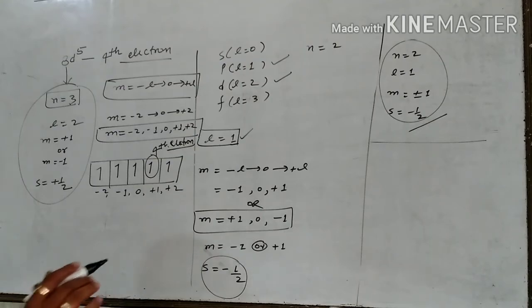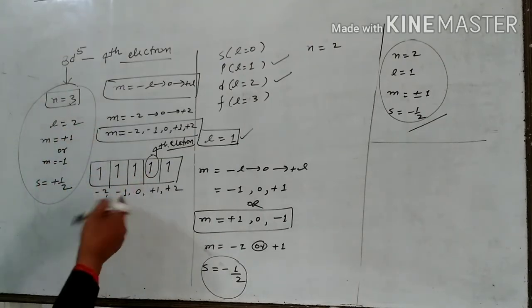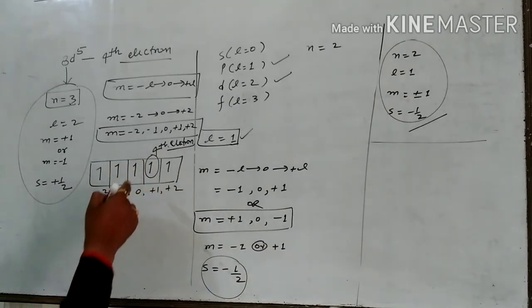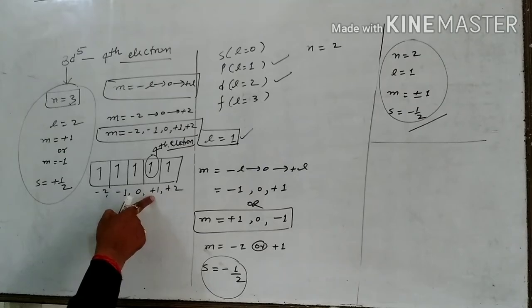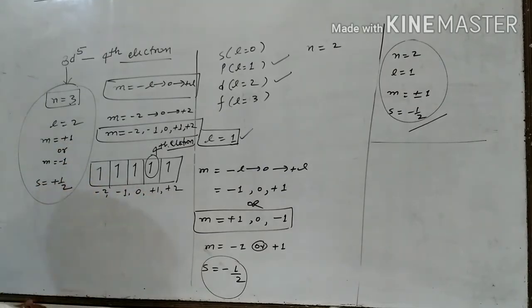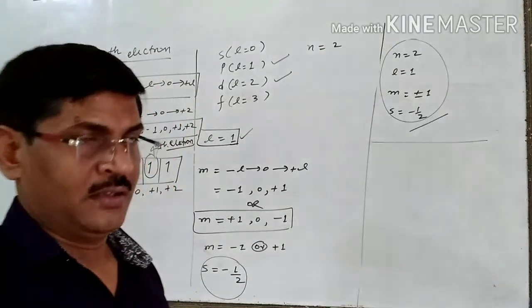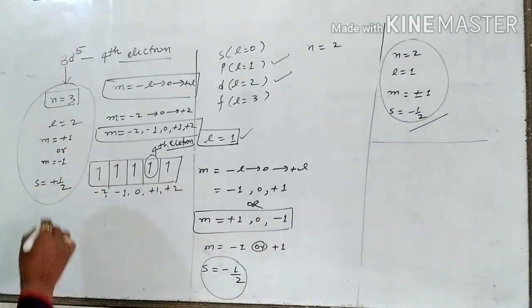After that you have to show the configuration, and where is the fourth electron, or that electron which you have to find? Fourth electron is here. So for the fourth electron, the m value will be either +1 or -1. You are seeing upward spin, that's why for that electron, because the direction of this electron is clockwise, I have written here +half.